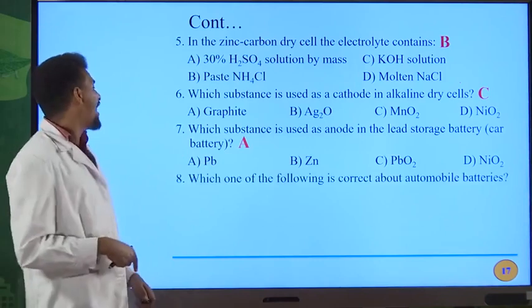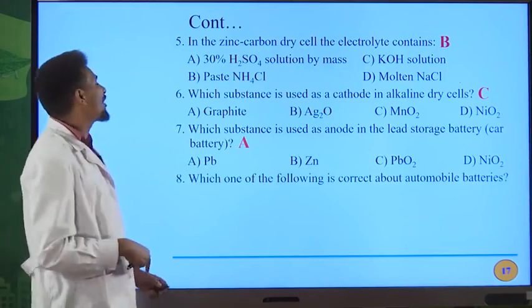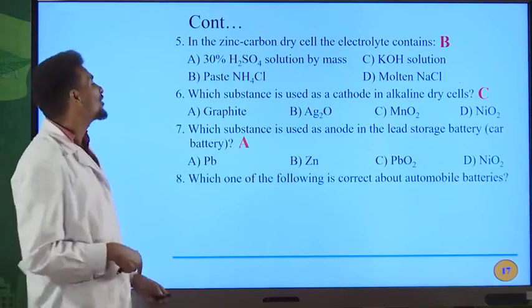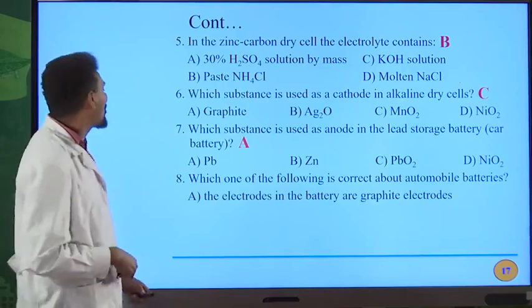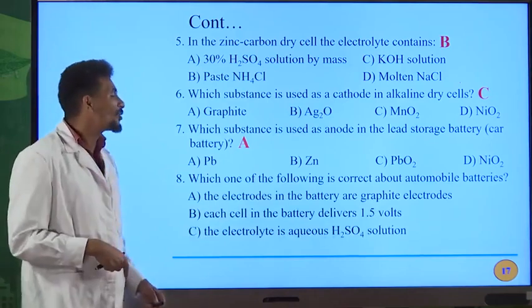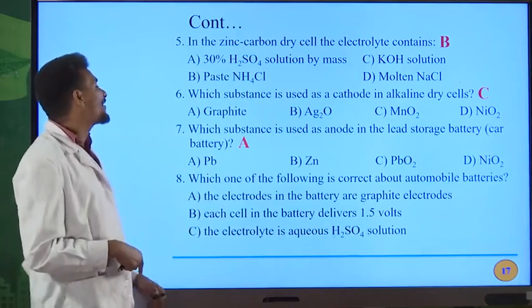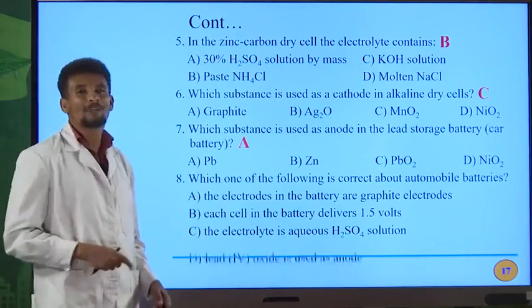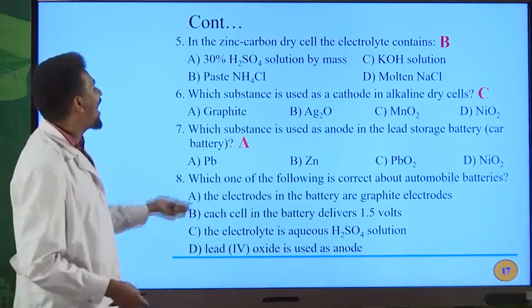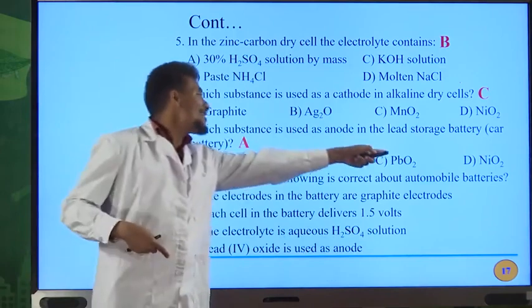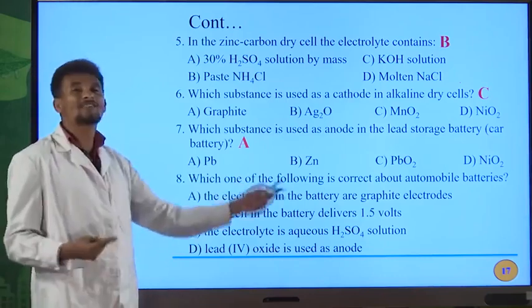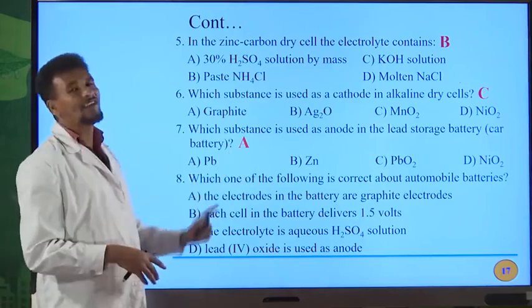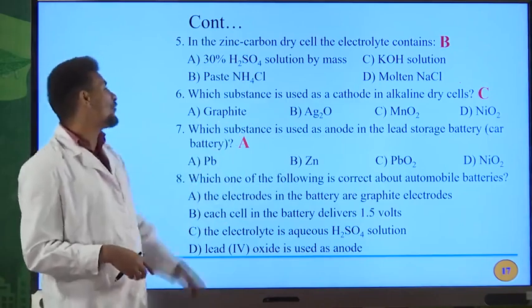Okay, question number 8. It says which one of the following is correct about automobile battery or car battery or lead storage battery? A. The electrodes in the battery are graphite electrodes. This is not correct. Lead serves as anode and lead oxide serves as cathode. Therefore the electrodes in the battery are not graphite electrodes, but lead and lead oxide.